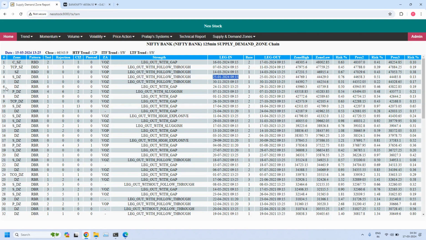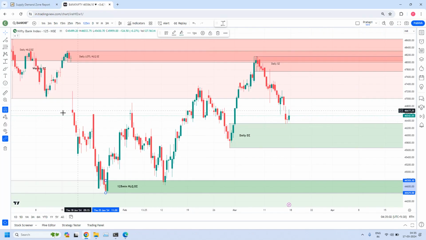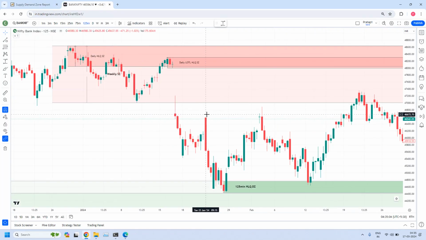Next, what else do we have? We have high liquidity supply zones. Two supply zones are there. Let us draw both these high liquidity supply zones. First one is 16 January 9:15, two base candles.